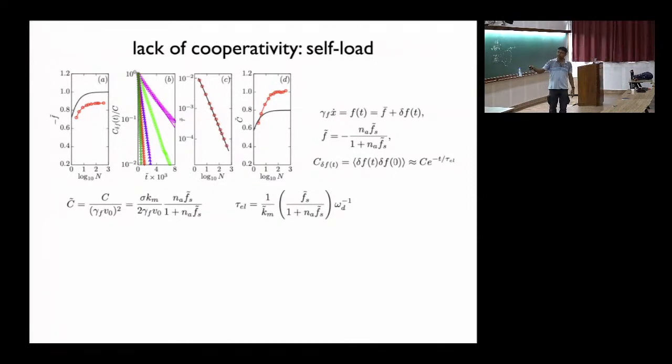So this, for example, is plotted here. This black line is from that correlation function, okay, so that works. But a couple of things don't work completely.